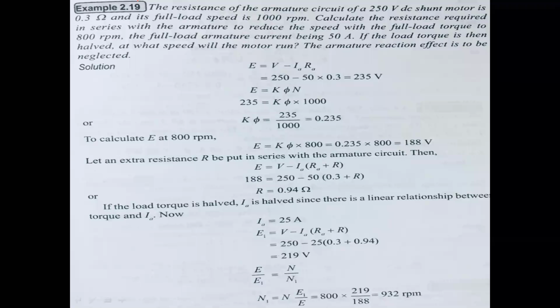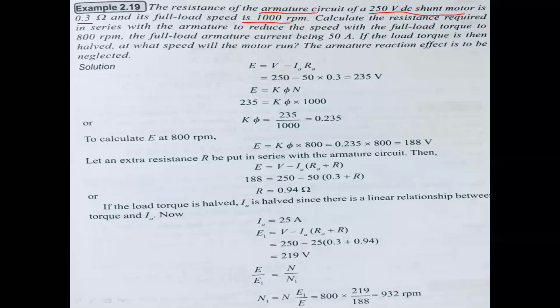So next one. Note down this problem. The resistance of the armature circuit of a 250 volts DC shunt motor is 0.3 ohms and its full load speed is 1000 rpm.